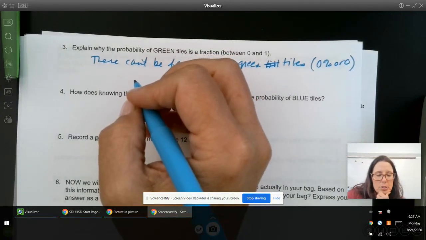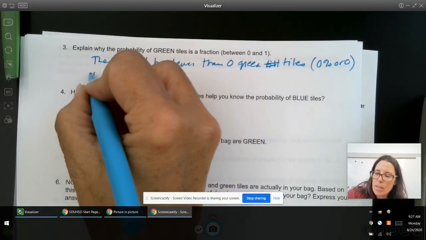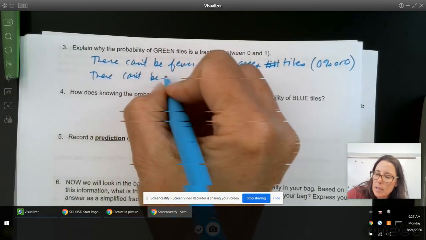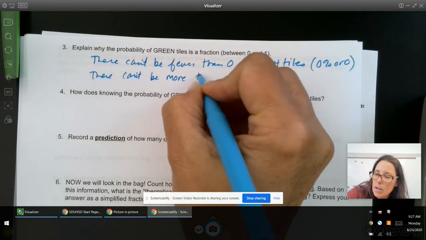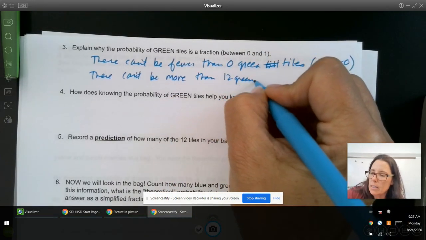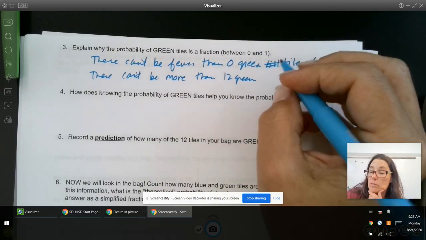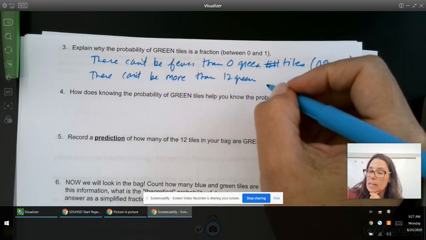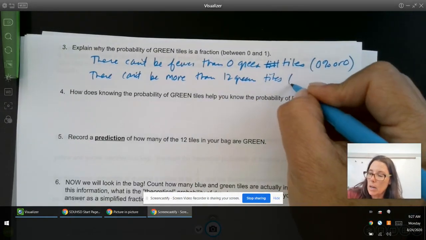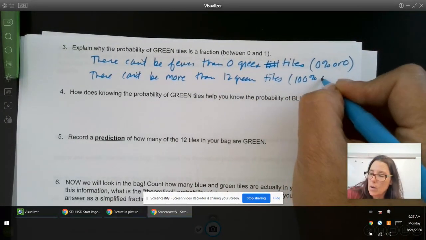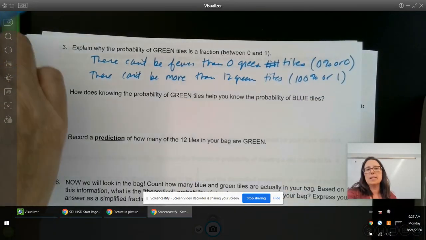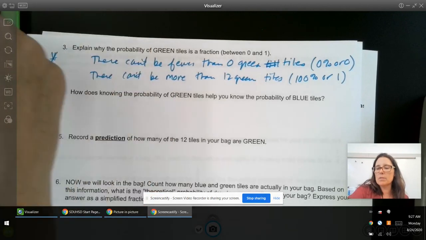And then there can't be more than 12 green. Well, yeah, 12 was in the bag. 12 tiles in the bag, 12 green tiles, which would be 100% or one whole. So I want you to think about that.